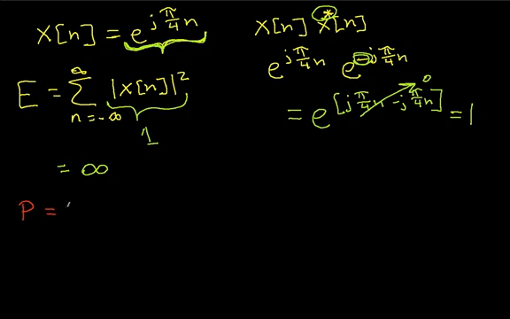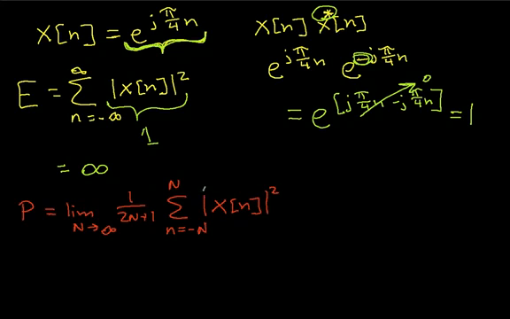The average power is the limit as capital N approaches infinity of 1 over 2N plus 1, times the summation from minus N to N of the magnitude squared of x of n. Now again, we know that this is 1. If we look at how many terms are in the summation, n starts at minus N and goes from minus N to minus 1, so that's N terms.